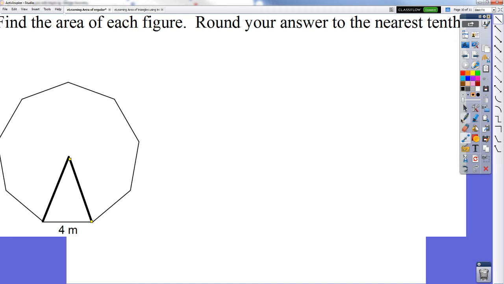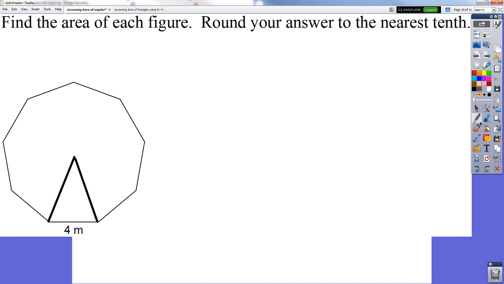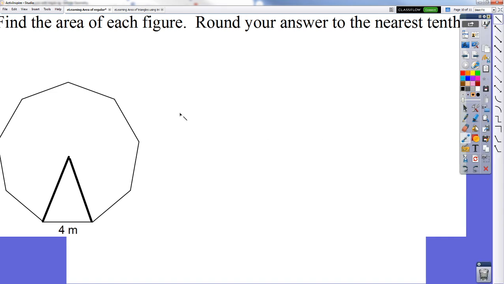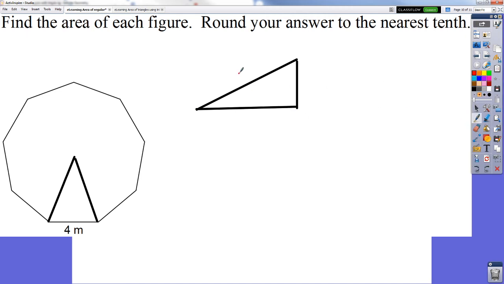So let's get our triangle going, and we are looking for this. When we cut this in half, we end up with this being 2, right? And then all we need to do is figure out what this angle is.